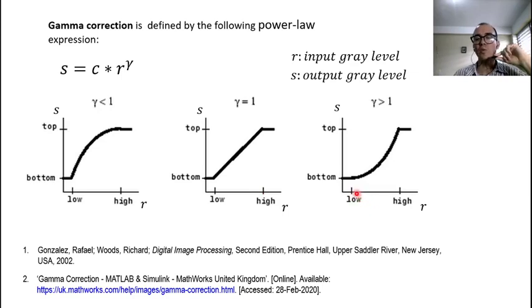For example, when we have a wide range of dark input values, we are going to compress these input values into a narrow range of output values, and this curve is also useful in practical applications. In the following slide, we are going to see a practical example from MATLAB code.